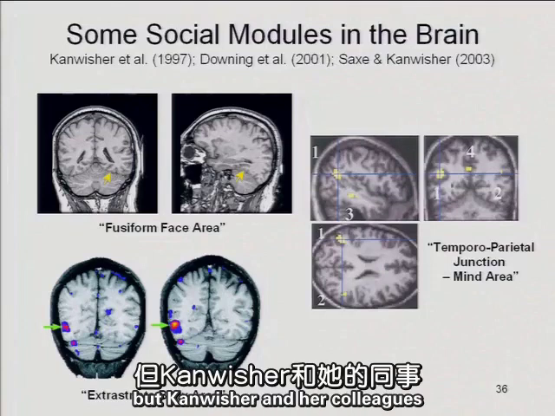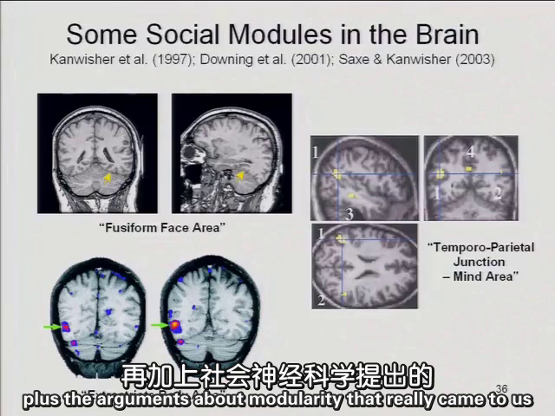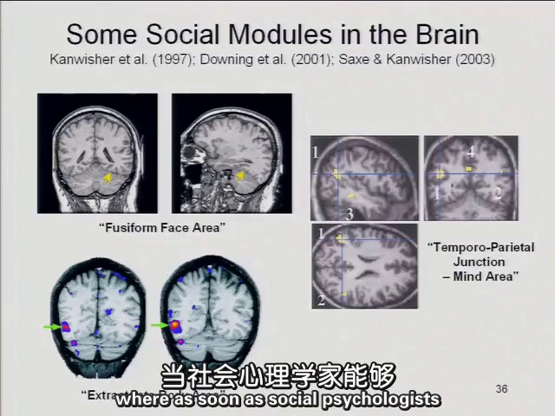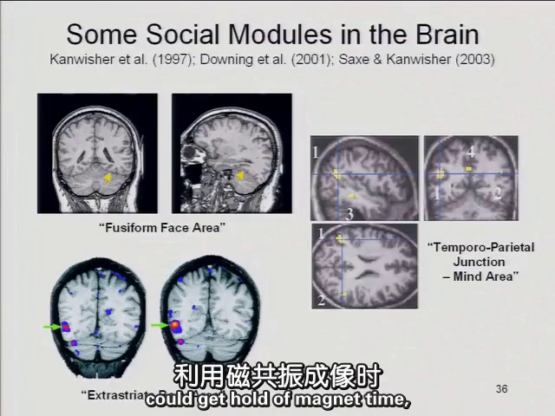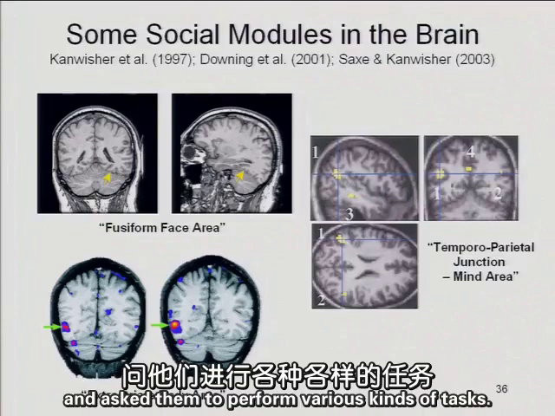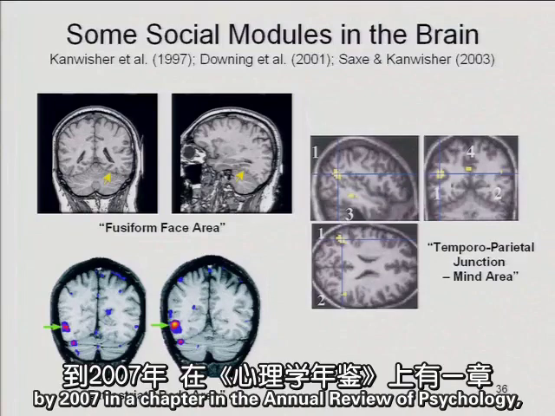But Kanwisher and her colleagues, plus the arguments about modularity that really came to us from cognitive neuroscience, set off a flood of research where as soon as social psychologists could get hold of magnet time, they threw their subjects in magnets and asked them to perform various kinds of tasks.